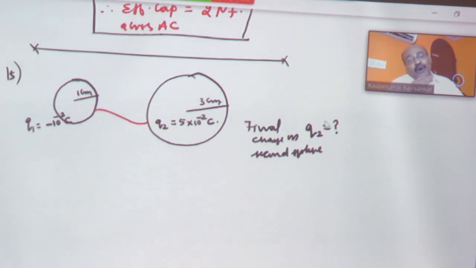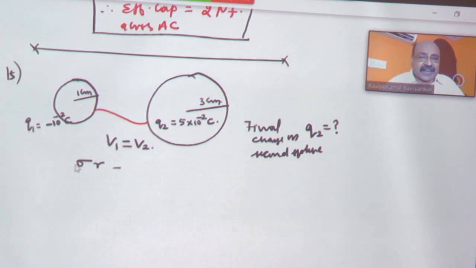See, as you know, when the two spheres are connected with the help of a thin wire, then we can say the potentials are equal. First concept, the potentials are equal. If the potentials are equal, then we can also say sigma into R.